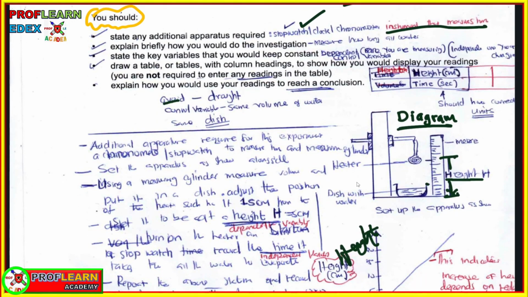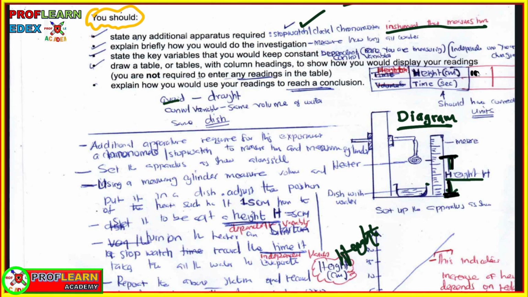So for that reason, one of the variables that I'm going to measure is the height, the height of where the heater is above the level of water, so that I vary it.